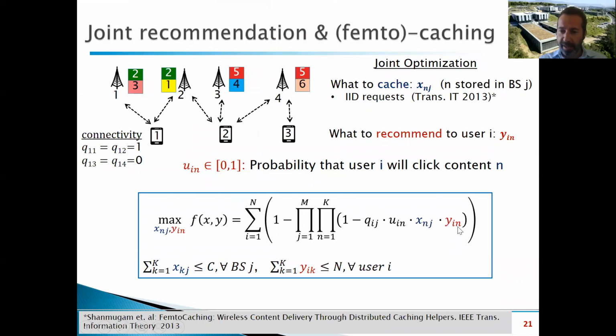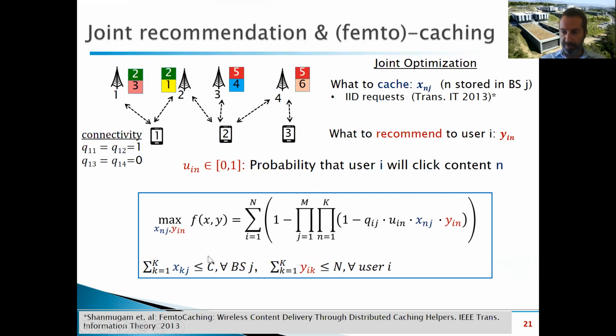It says that, look, if I recommend content n to user i, and user i is interested in content n, and this content n is cached in a base station j, and this base station j is within range, accessible by user i, then all these variables are equal to 1, and then 1 minus 1 is 0, so this entire product is 0, and we have one cache hit. Victory. So in principle, this is taking into account the recommendation, the user taste, the connectivity, and basically tries to count the cache hits.